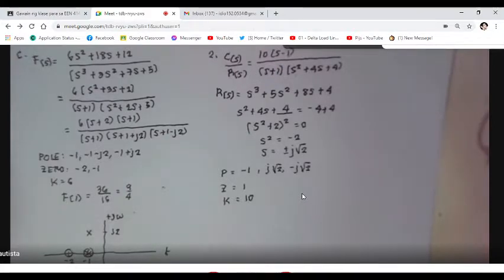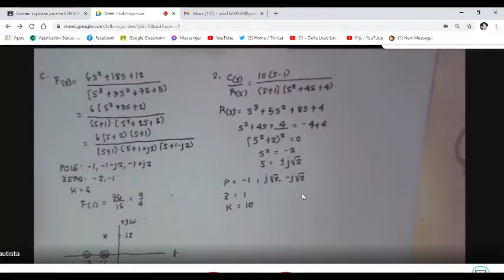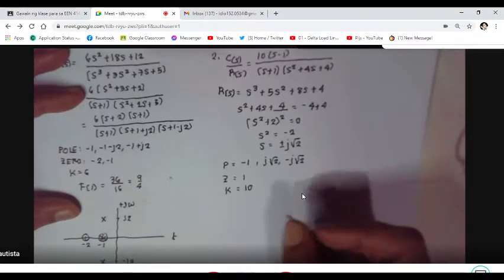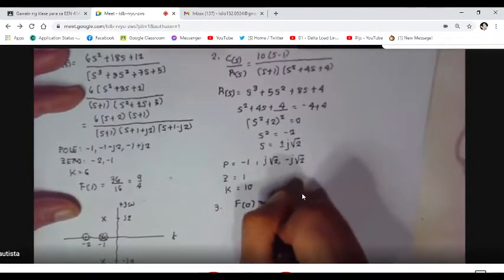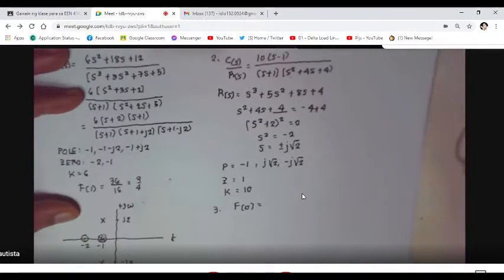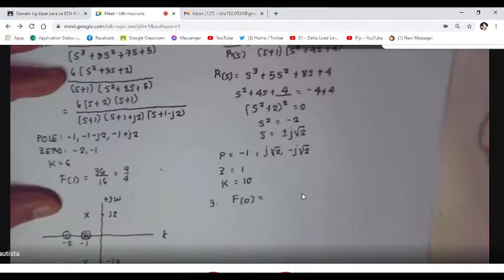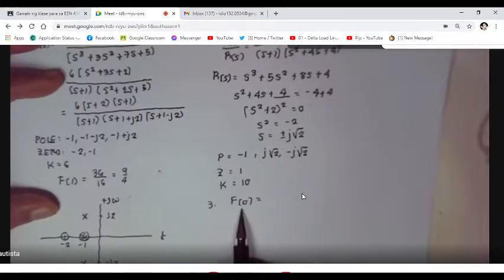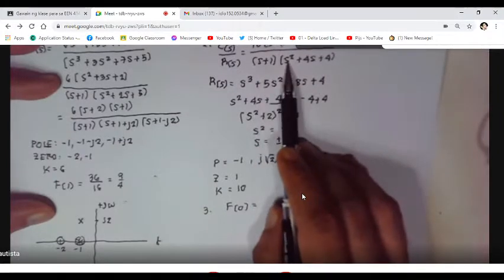Find the value of the transfer function at s equals 0 for problem number 2. So, s is equal to 0. For number 3, if f of 0, substitute 0 for s.